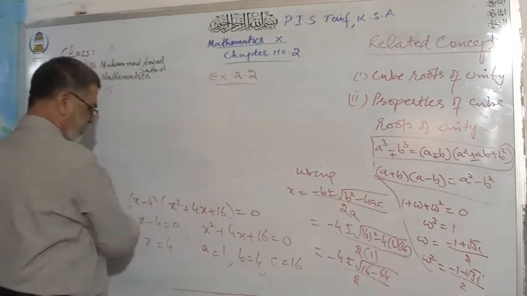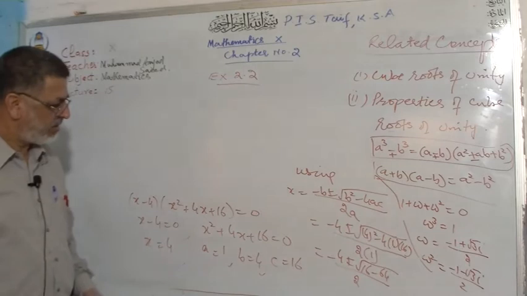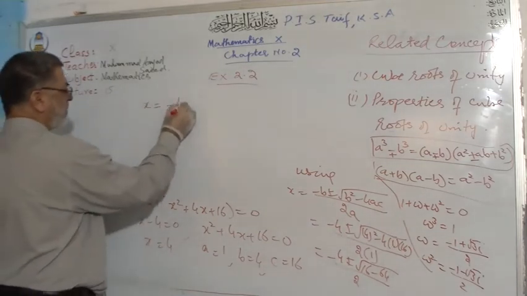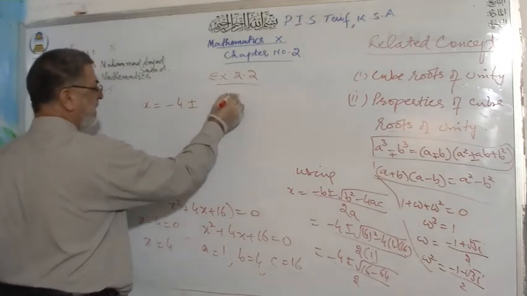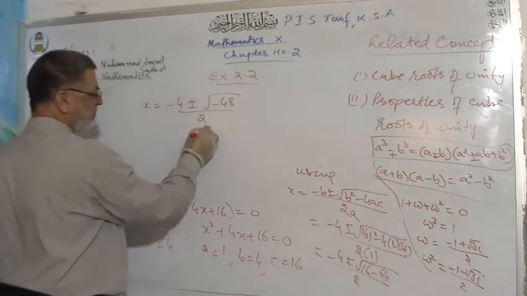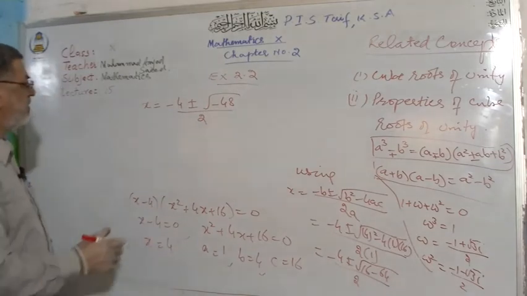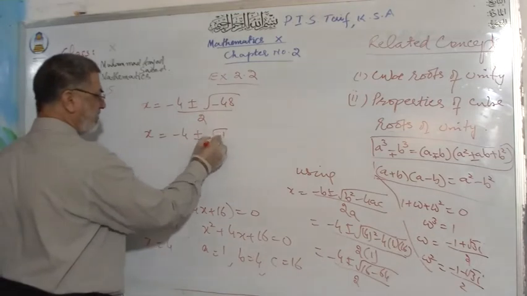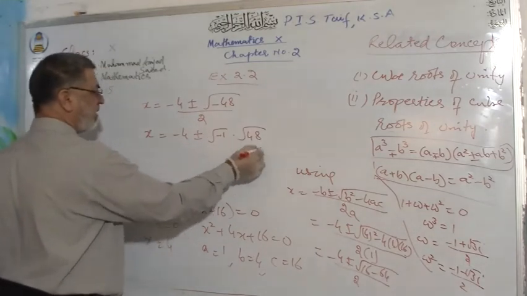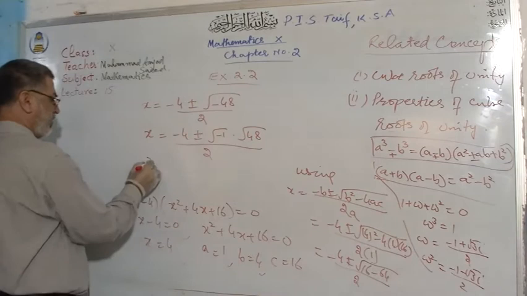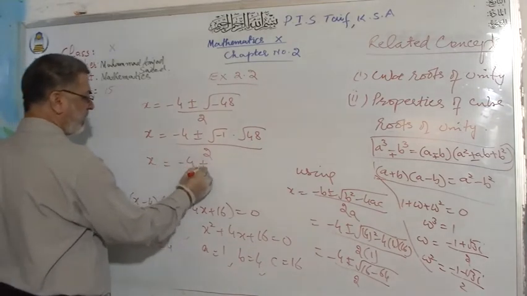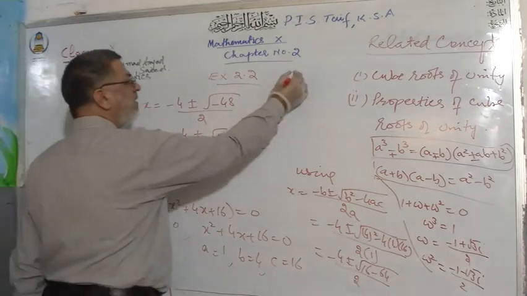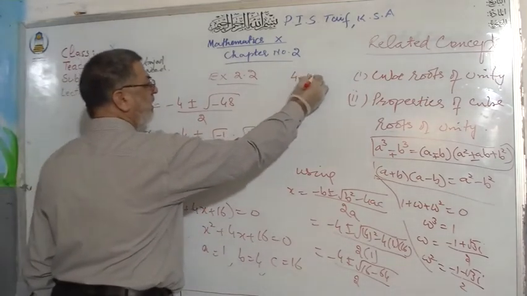And here we have x is equal to minus 4 plus minus under root 48 over 2. You can write minus 4 plus minus under root of minus 1 and under root 48 divided by 2. Dear students, you know that under root minus 1 is iota, and 48 is in fact 4 into 4 into 3.